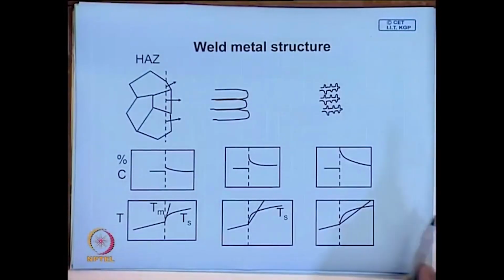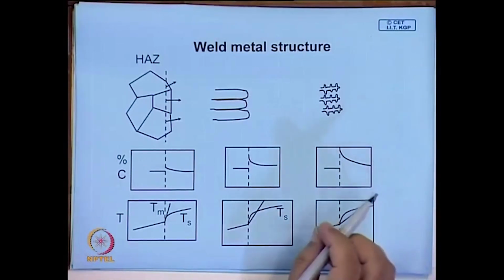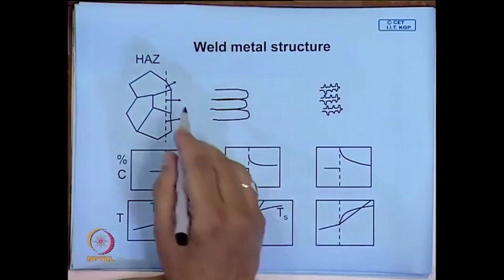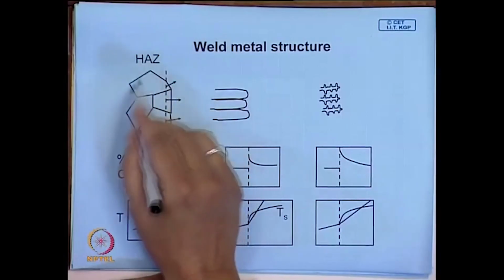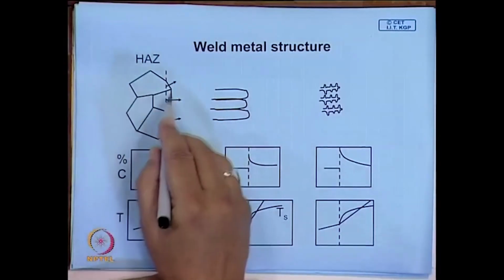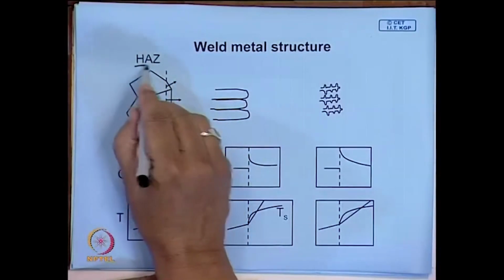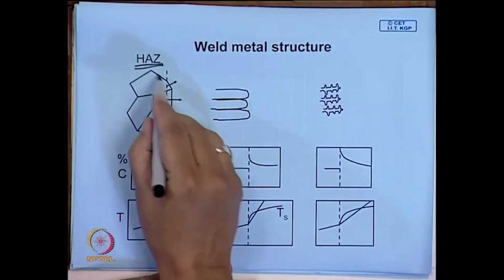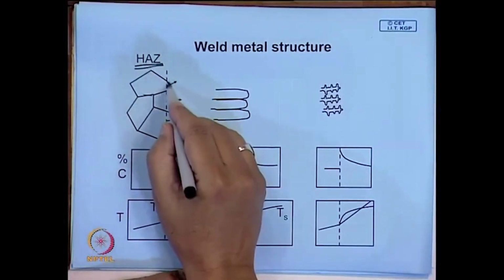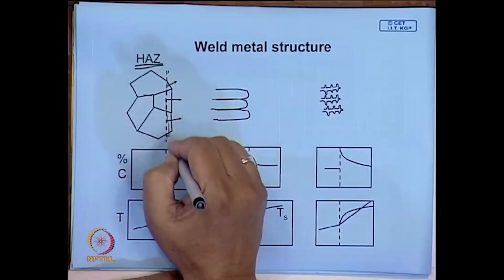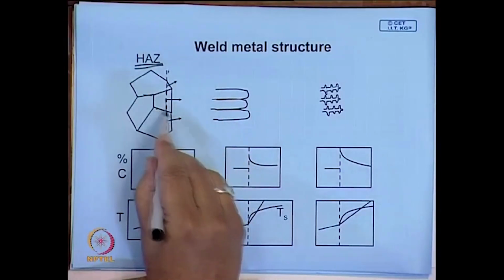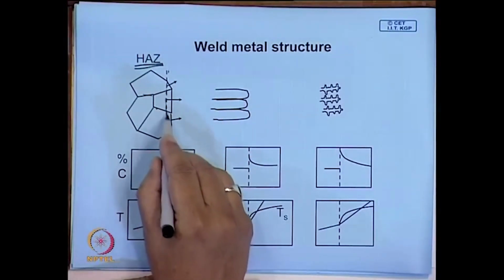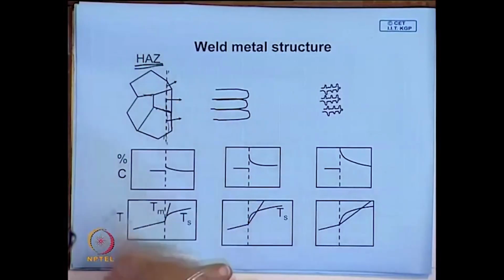And the nature of the weld metal will also depend on the thermal gradient, and the nature of that interface structure. As we said, in the heat affected zone, since the temperature goes very high, you have coarse grain. So here an epitaxial growth takes place. That means the same crystal, this is the fusion zone boundary, and here they start growing like this.